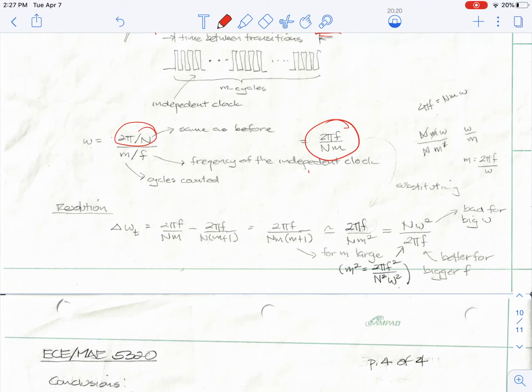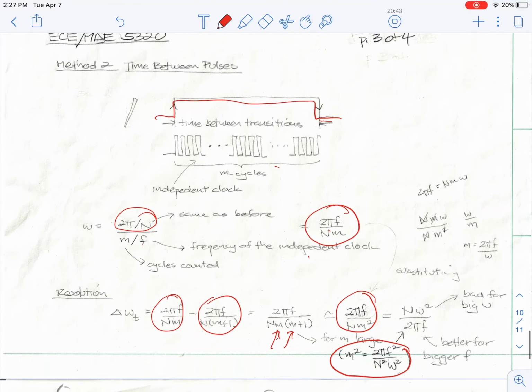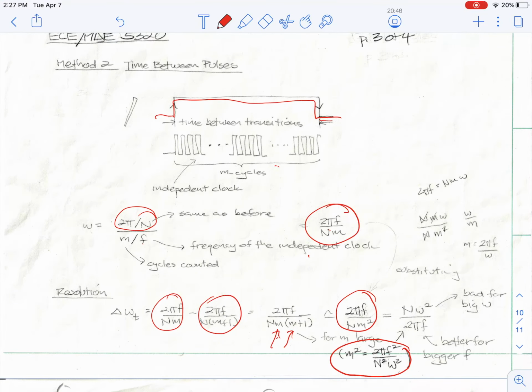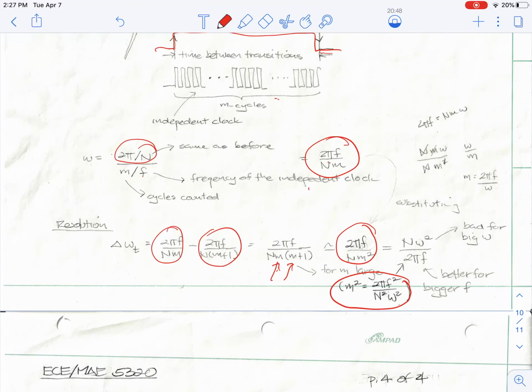Now I want to know resolution, so I take a look at the 2 adjacent samples so I can determine velocity measurements, so I can determine what kind of resolution I can get. When I do this, this has this nasty m times m minus 1, but if m is large, the total number of cycles is large, I can reduce this to this. I can substitute in from the previous equations, this one right here, solve this for m squared, and I end up with this as an approximate value for the frequency resolution.